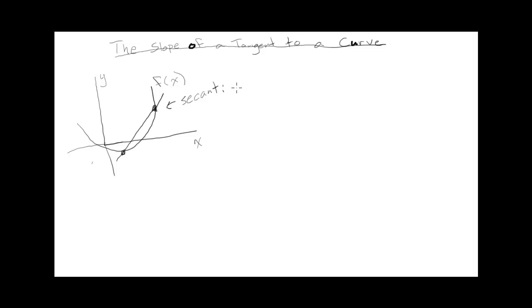So that means a line going through 2 points on a curve, or a function, whatever, or a graph.